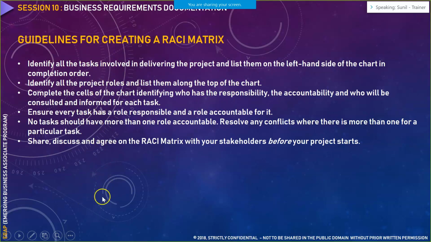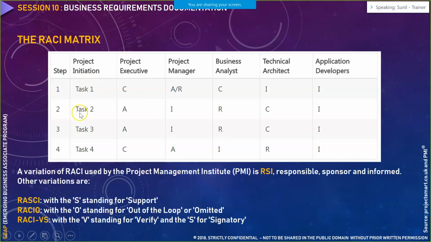Towards the left would be the list of tasks. Towards the top, you would have all the project roles in a particular chart. After that, you have to go on identifying each of these roles and the tasks, and depending on that, you would associate them with responsible, accountable, consulted, or informed. So essentially, your RACI matrix looks like this.